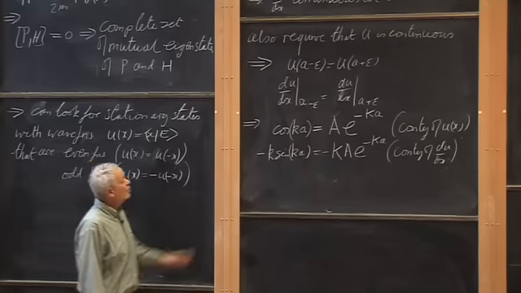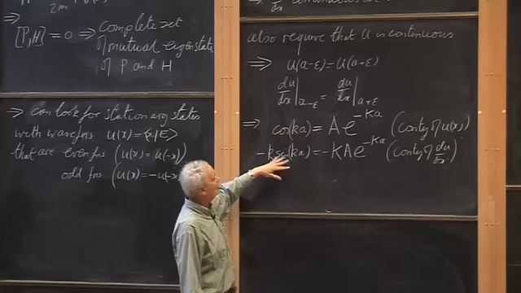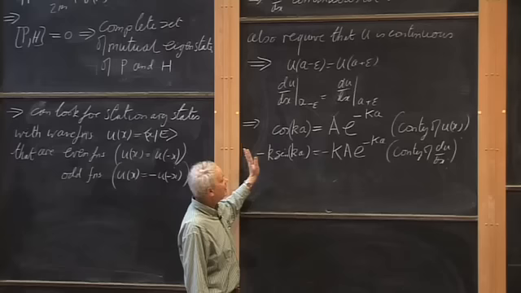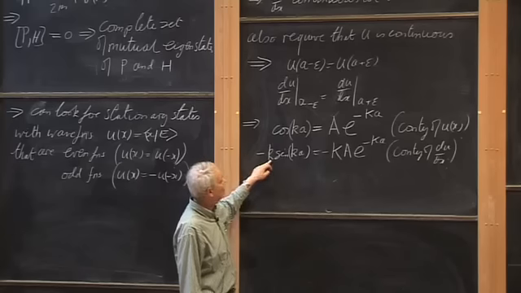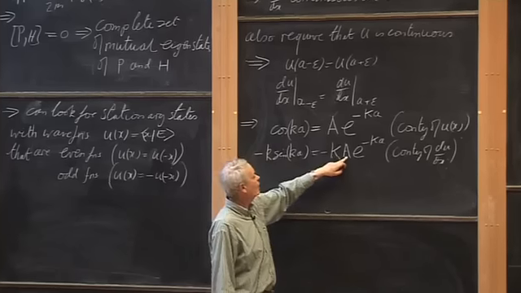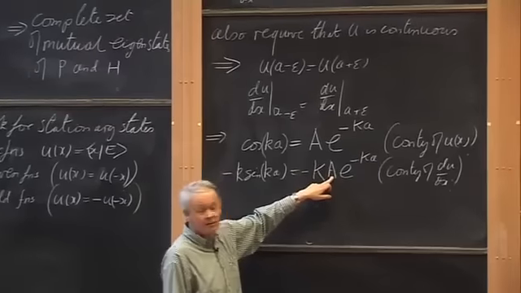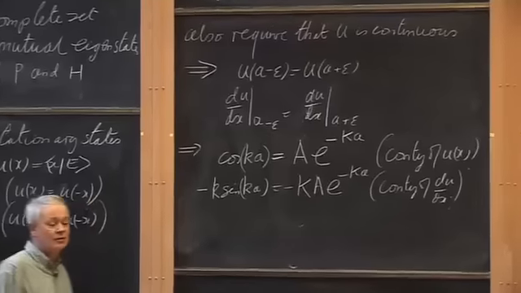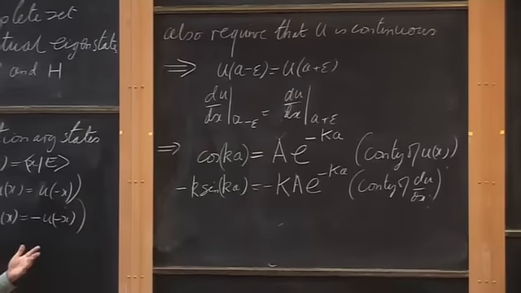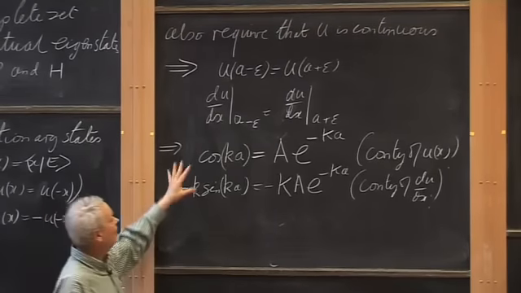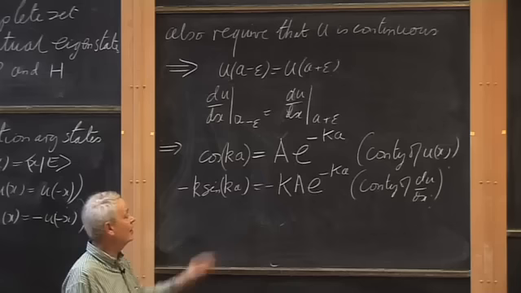So what do we have here? We have a pair of equations and a number of unknowns. As it stands, we do not know what little k is or big K is, and we do not know what big A is. Those are all unknowns. We've two equations, and we need fundamentally to determine these unknowns.